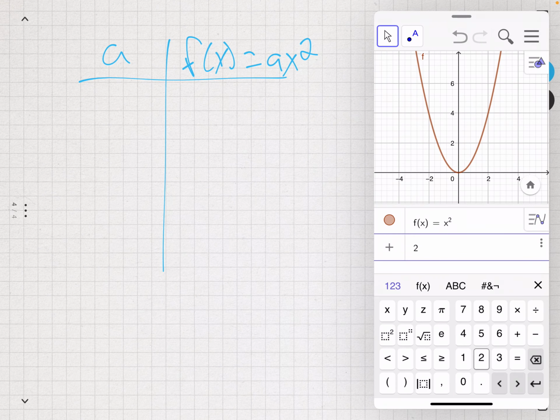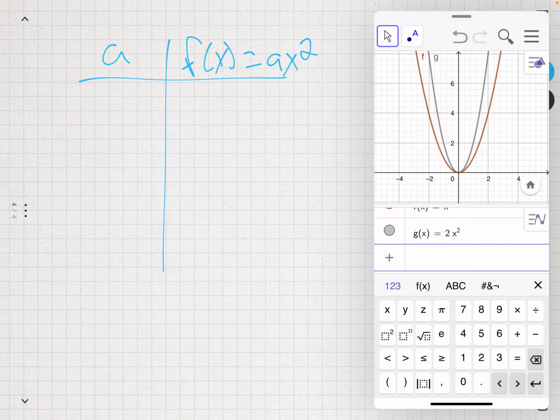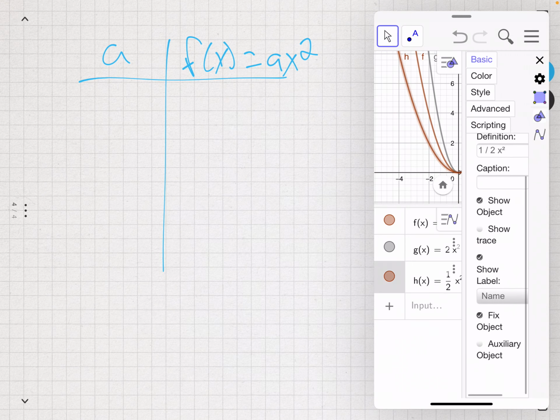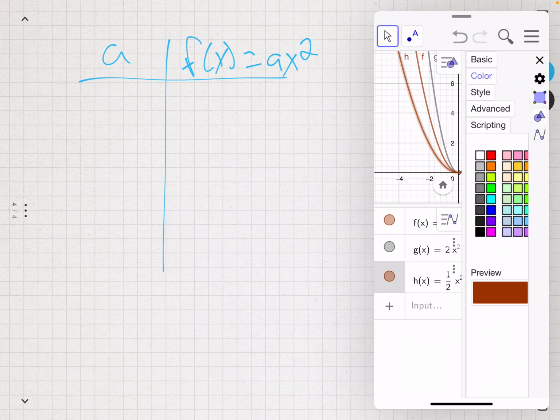I'm going to graph 2x squared, and then 1/2 x squared. Let me change the color to red.